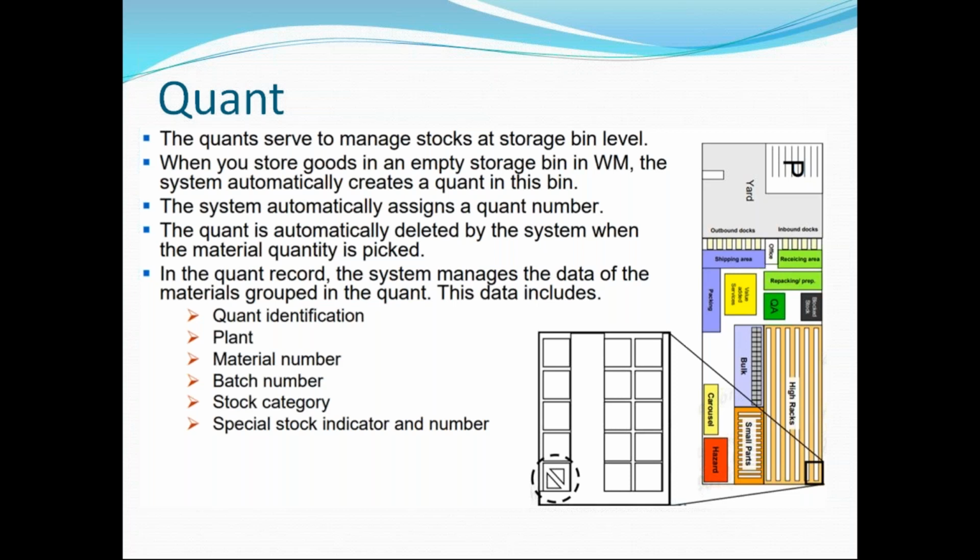In the quant record, the system manages the data of the materials grouped in the quant. This data includes quant identification, the plant number with which the materials will be put away or picked, the material number, that means the actual material that will be put onto the bin, the batch number of the quant, stock category, and the special stock indicator.